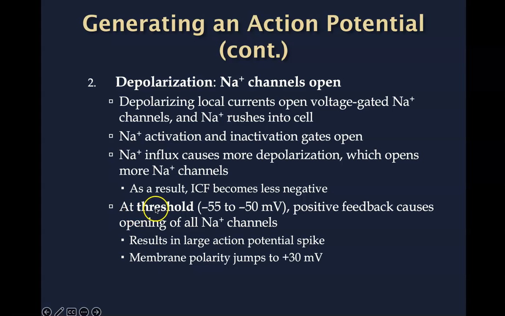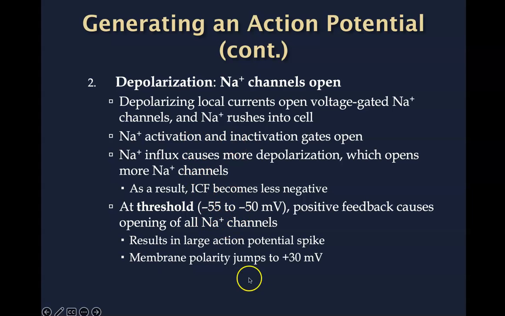So then, at threshold, negative 55, they say negative 55 to 50 millivolts. I'll usually say negative 55 millivolts because that's what most of the books say, but it's somewhere in between negative 55 and 50 millivolts. This is going to cause a positive feedback mechanism in the axon, because as that sodium gated channel opened, the neighboring area in front of it hit that negative 55 millivolt threshold.